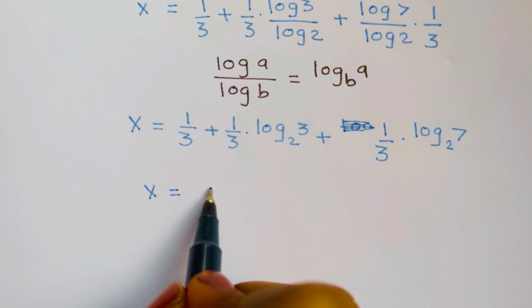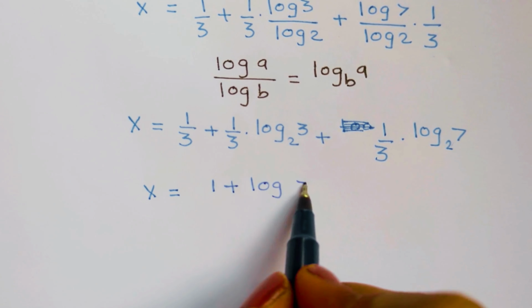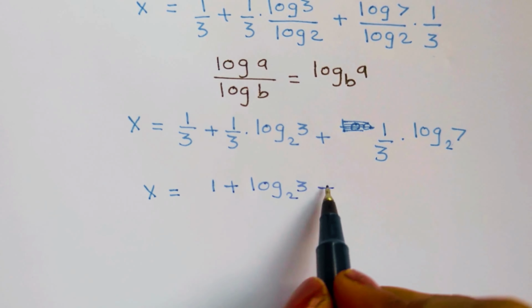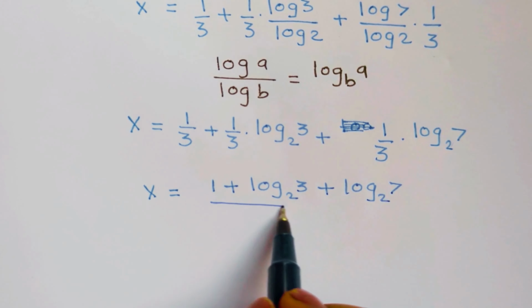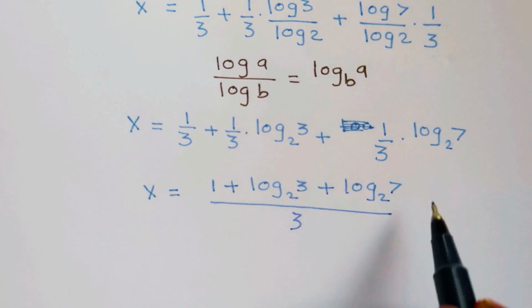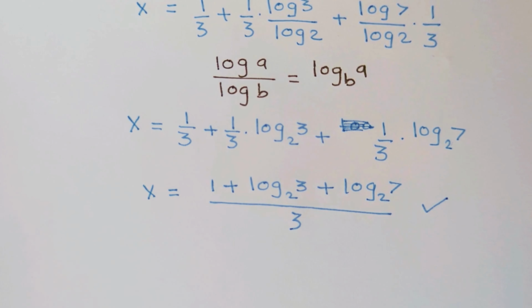Now 1 by 3 is common. So what we can do is take the numerator part all together, whole divided by 3. So this is our value of x.